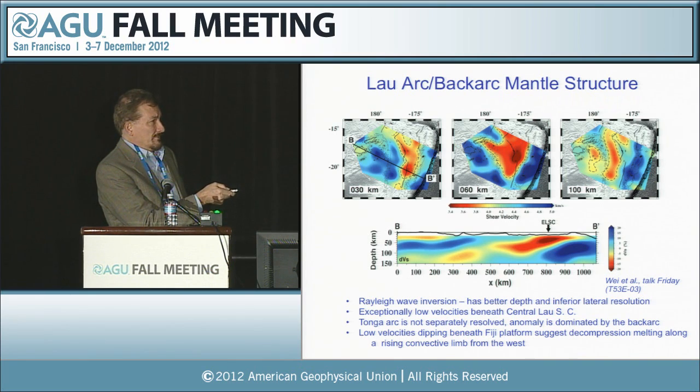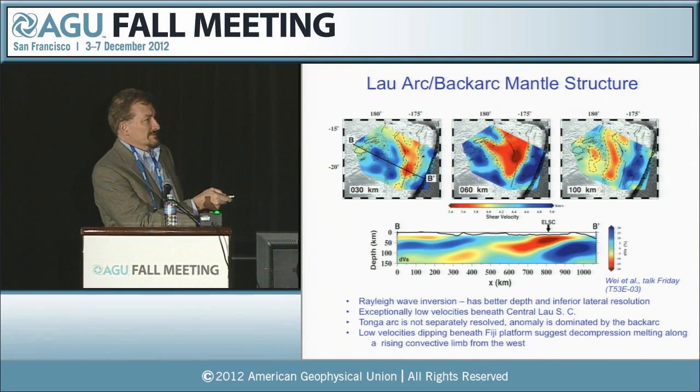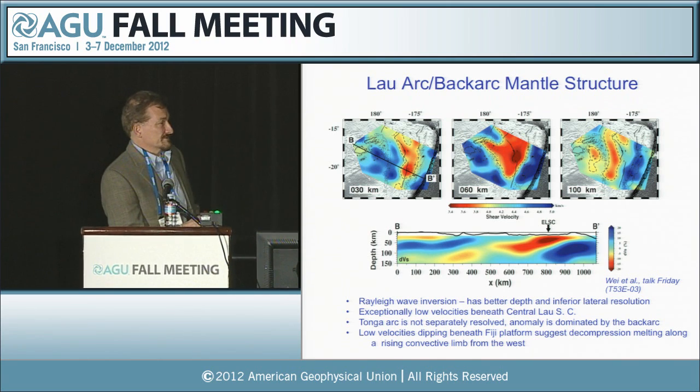Sort of a remarkable thing here is that we see this dipping zone of very low seismic velocities dipping to the west, suggesting that some of the melt production is probably not occurring immediately beneath the spreading center, but is instead occurring somewhat to the west, perhaps on a rising limb of a convective pattern as material is sort of sucked in from the west towards the spreading center.